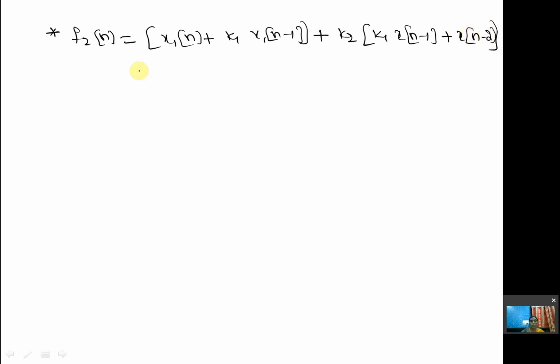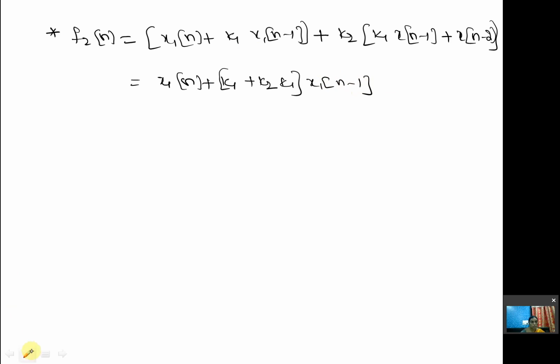That means substitute n is equal to n minus 1 there, and then you can get this one. x1 of n plus K1 plus K2 K1, common this one, x of n minus 1.